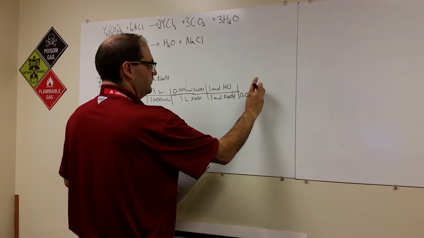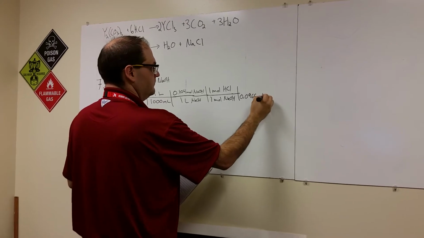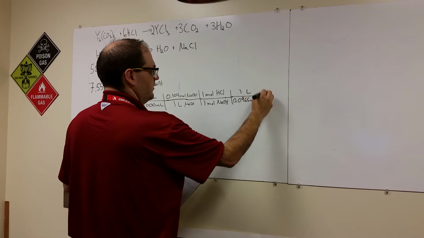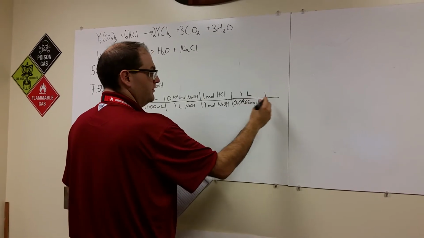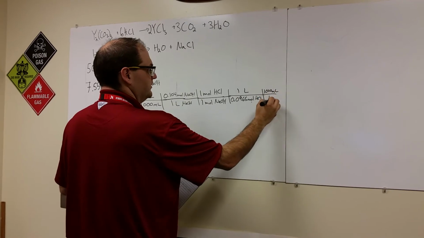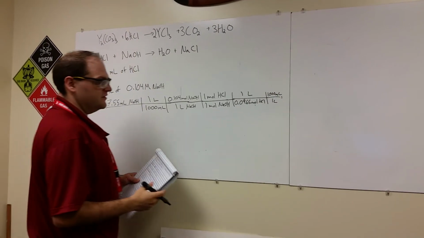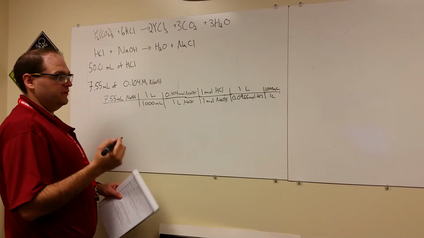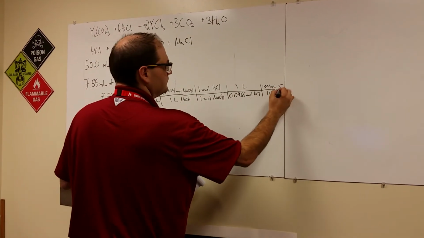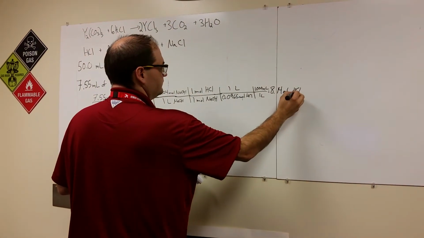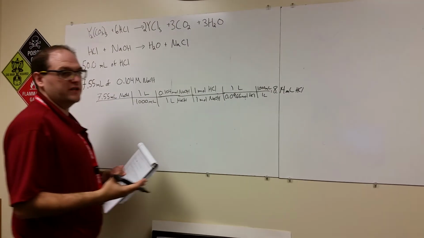So it's moles of HCl per 1 liter. And when we multiply back to get to milliliters, multiply by 1,000 milliliters per 1 liter, this is going to tell us that we actually used up 8.14 milliliters of HCl in the neutralization process.